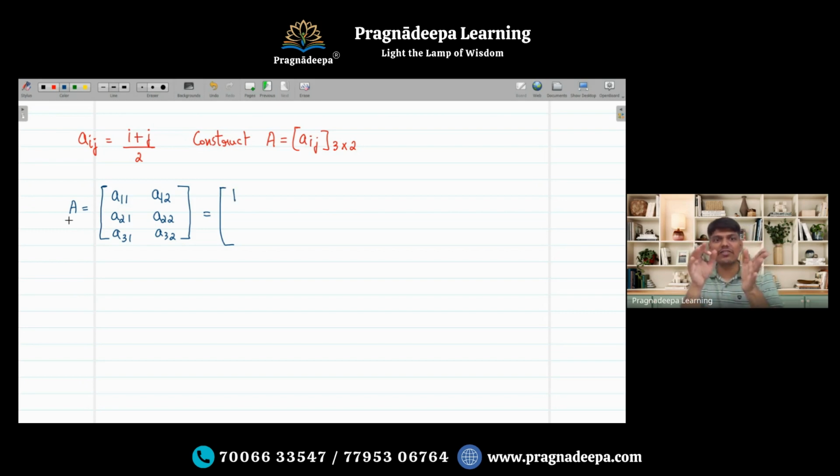But second row, first column may not be 1. It depends on the rule. What is the rule that I have defined in this problem? (i + j)/2. So 2 plus 1 by 2 is 3 by 2. And here also it will be 3 by 2. But note that it is not symmetric. Why is it not symmetric? Because it is not a square matrix. So 3 plus 1 by 2 is 2. 3 plus 2 by 2 is 5 by 2.